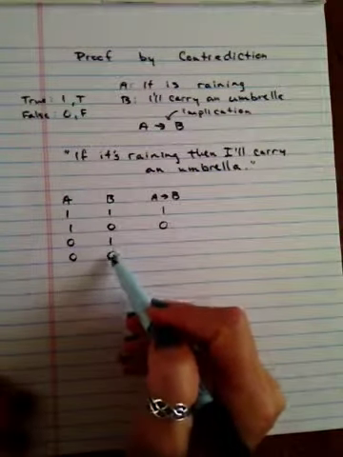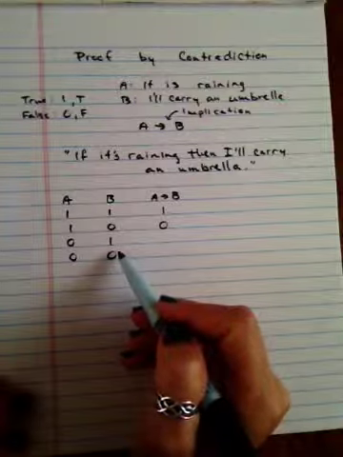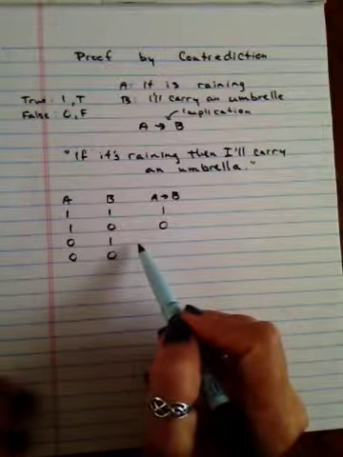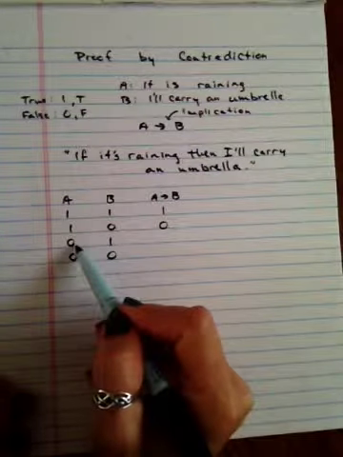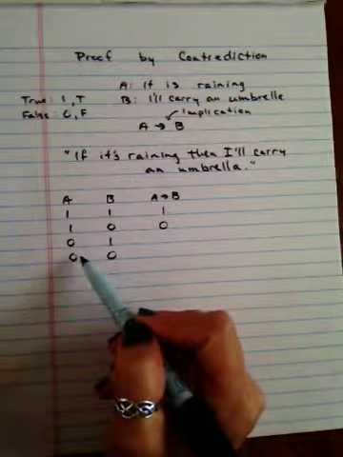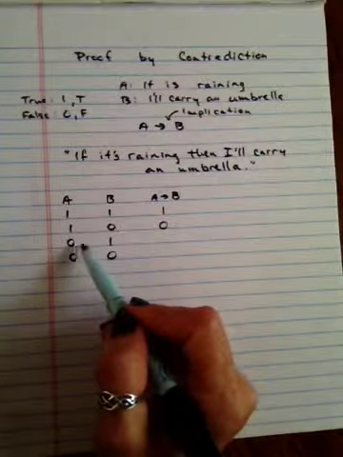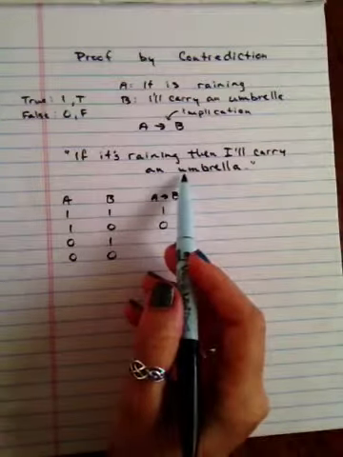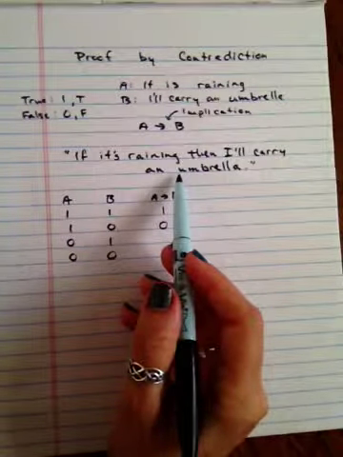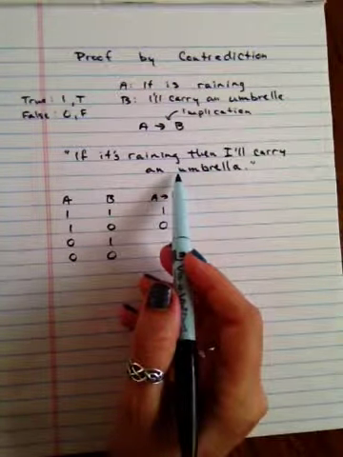The last two are kind of tricky, and they confuse people sometimes. My statement was, if it's raining, then I'll carry an umbrella, but A is false, so for both of these, it's not raining. So you really can't say that I lied. It's not raining and I have an umbrella. This statement is not false. If it's raining, then I'll carry an umbrella. It has nothing to do with what happens when it's not raining, which is one of the tricky things in math.